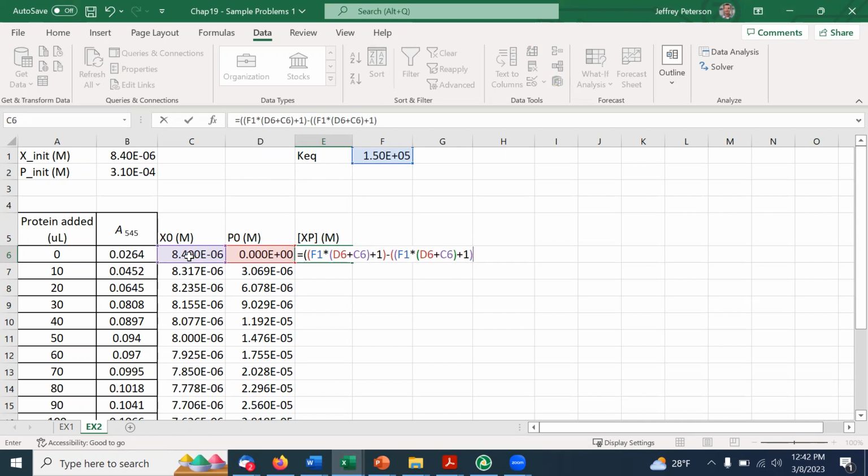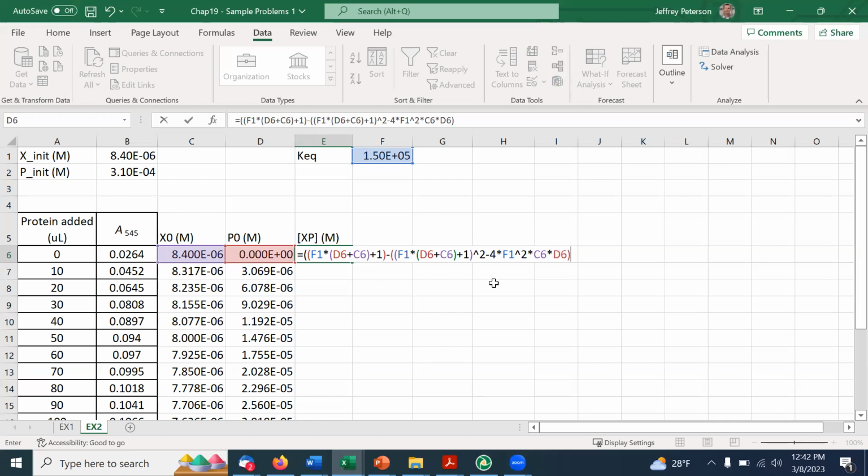This whole quantity is squared. I have my K value inside. It looks right. Minus 4 times K squared, that's this quantity, times X0 times P0. This is all to the 0.5.